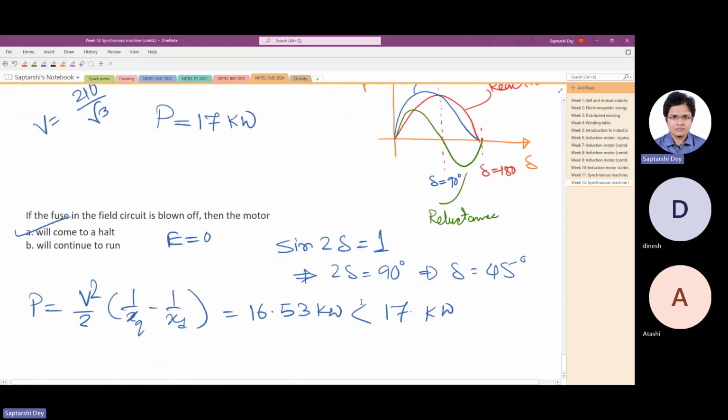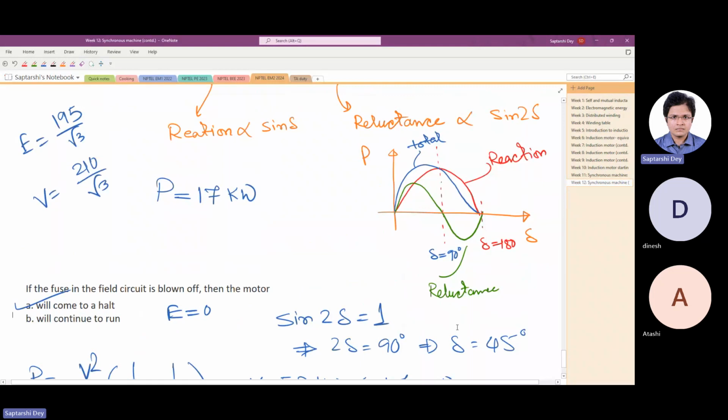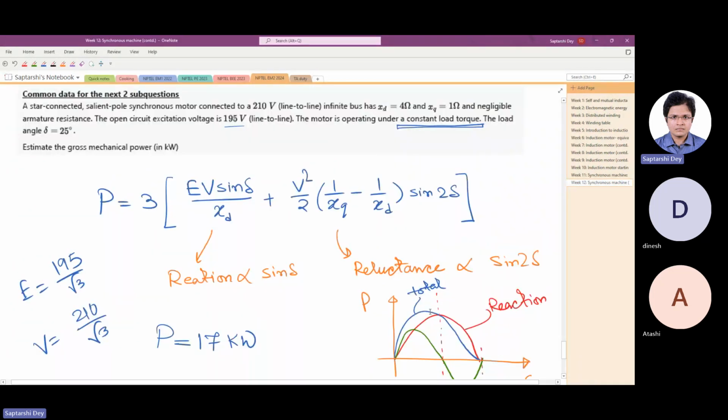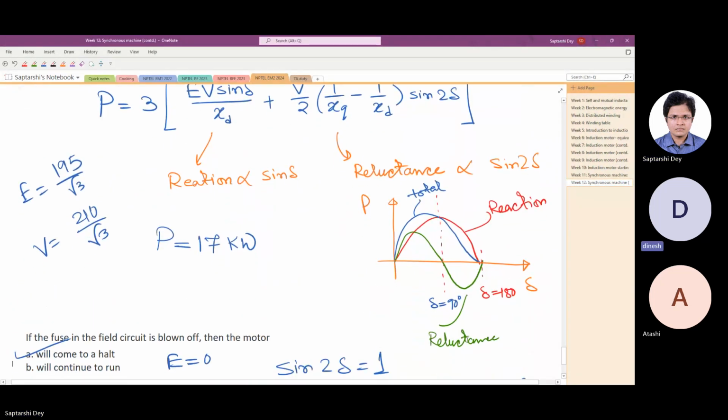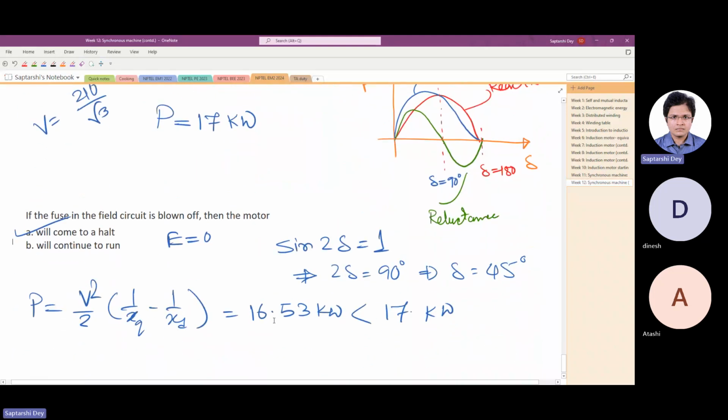But here we are trying to find out whether it can operate only as a reluctance machine. It cannot, because even at the maximum reluctance torque, the power is less than the required power. Okay.